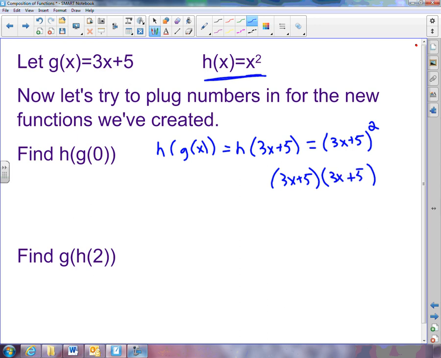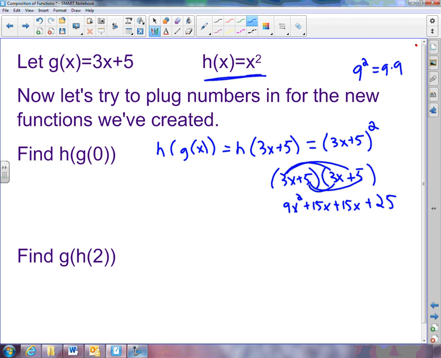If you're confused about it, think about it this way. Isn't 9 squared 9 times 9? So 3x plus 5 squared will be 3x plus 5 times 3x plus 5. In order to multiply these, you have to FOIL: 9x squared plus 15x plus 15x plus 25.